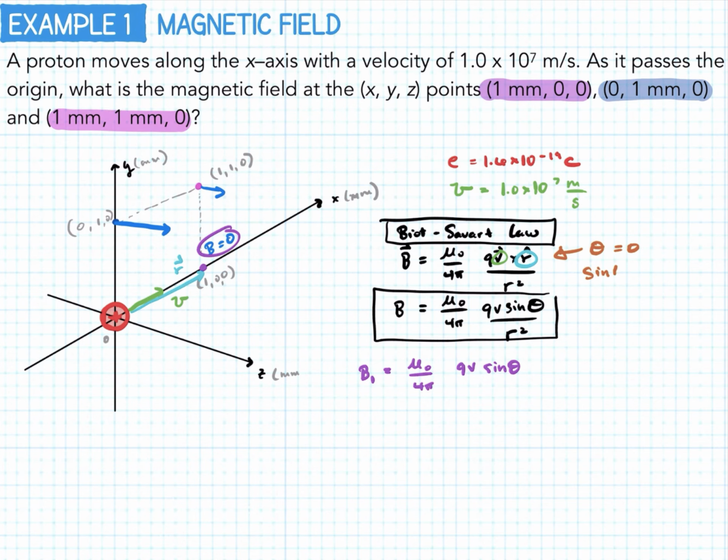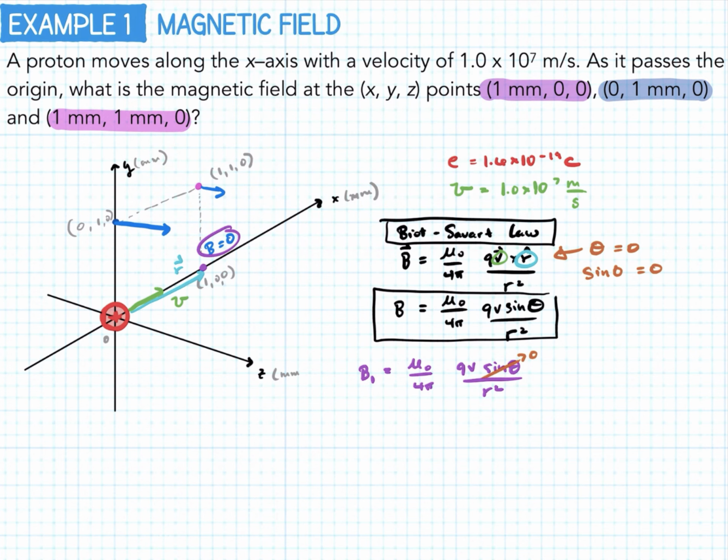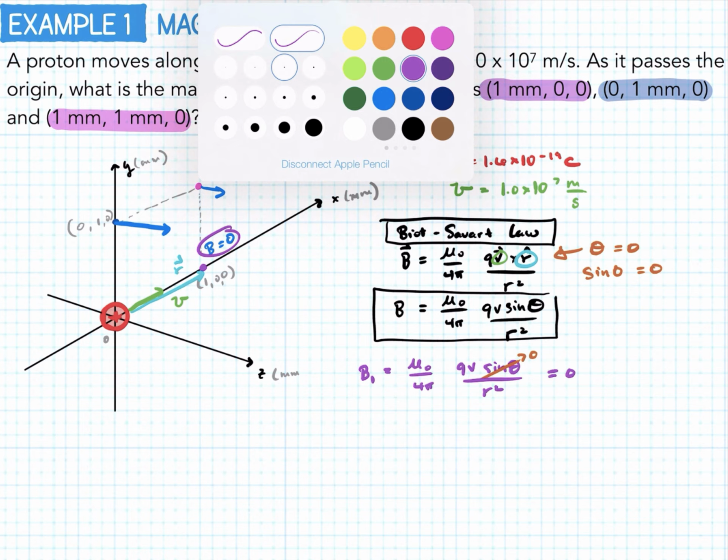And sine of 0 is equal to 0. So this becomes 0. Even though we have QV and R squared, this whole thing goes to 0. So that one's pretty simple, and it matches what we think by looking at the visual.